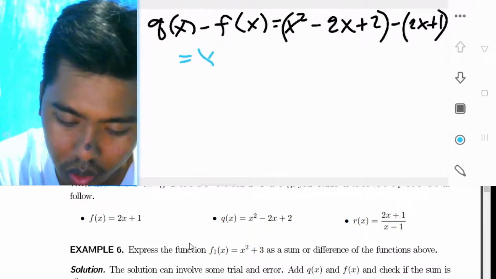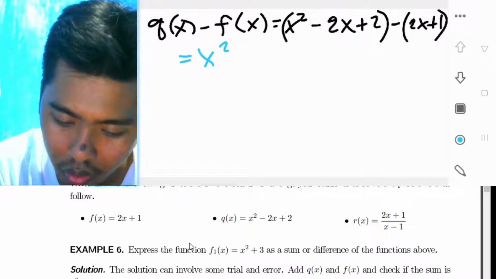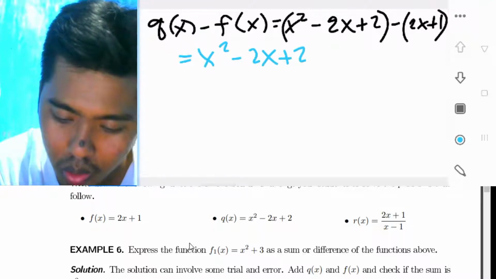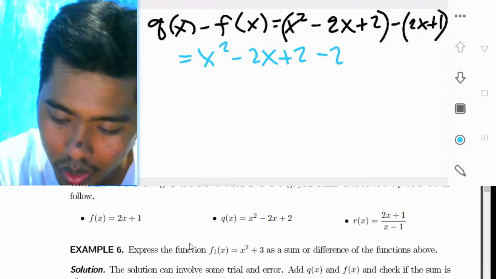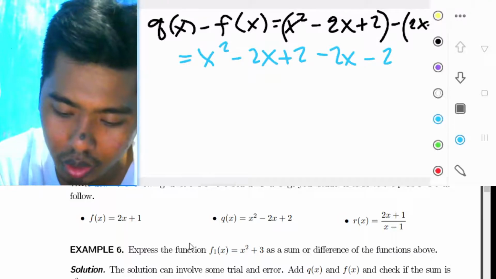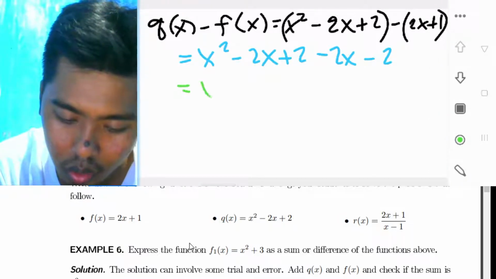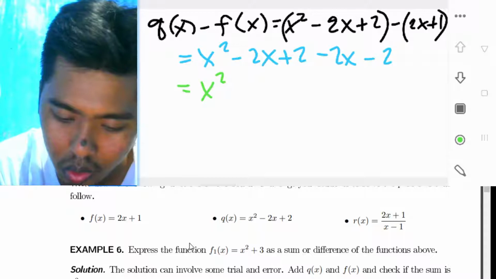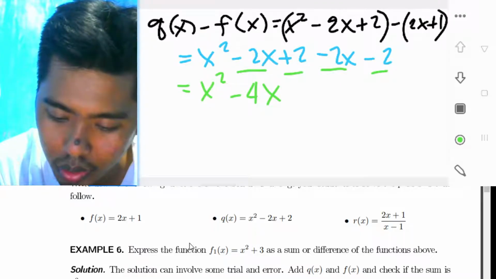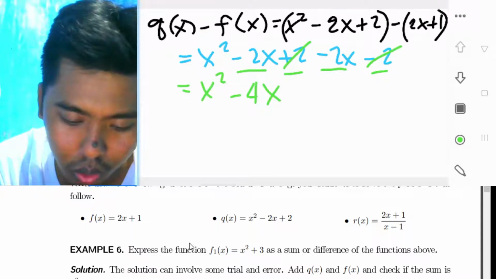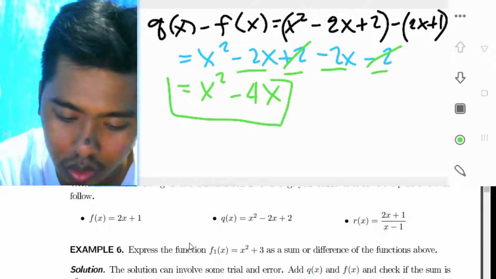So this will become x squared minus 2x plus 2. Then this is negative, so that will become negative 2x, then negative 2. Then adding like terms, this will become x squared, negative 2x and negative 2x becomes negative 4x, and positive 2, negative 2 we cancel. So this is your final answer, guys.